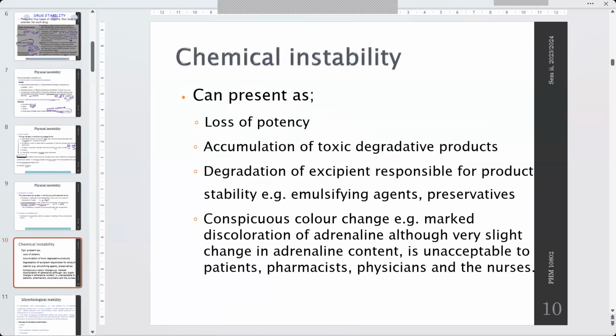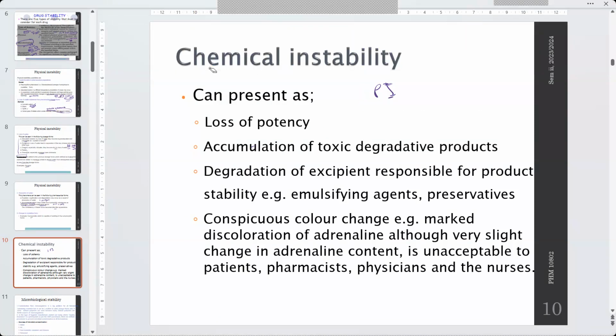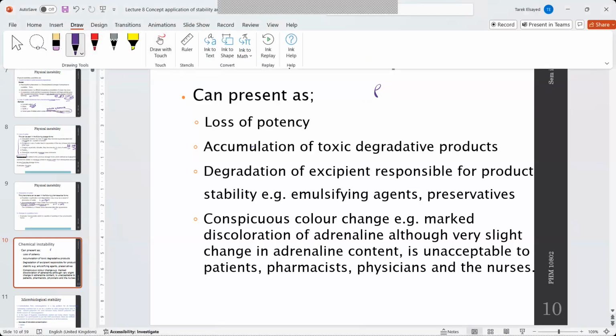Okay. Chemical instability is that the drug will not be in the original chemical form. So if you have a drug, or we say API, for example, active pharmaceutical ingredient, it may have a degradation pathway. It may degrade and will form degradation products.